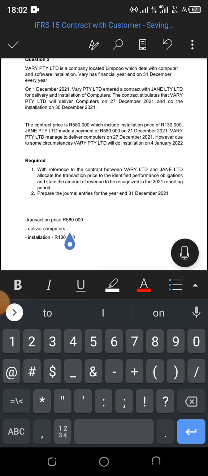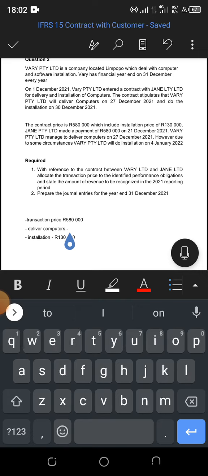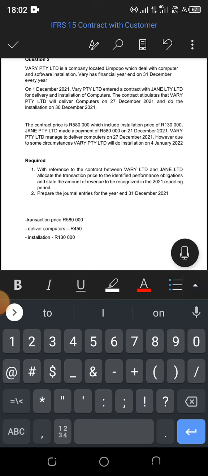Now we have to separate them according to the performance obligation. 580 minus 130, because we have to treat them separately, then 450 is for delivery of computers. So we allocated the transaction price to the performance obligations.